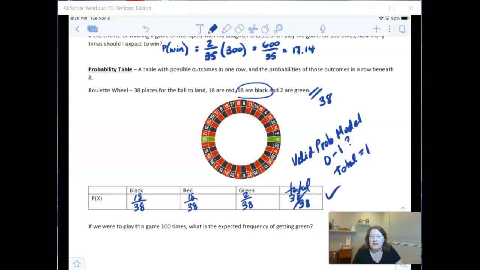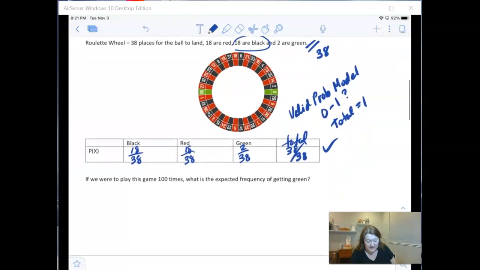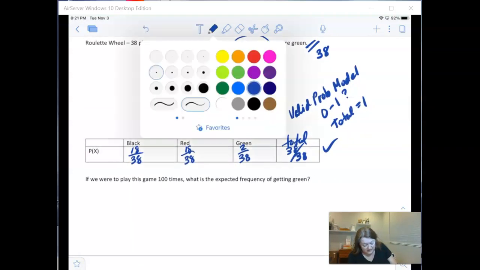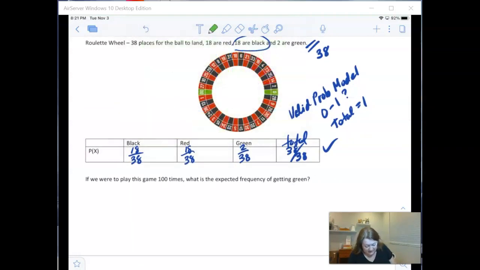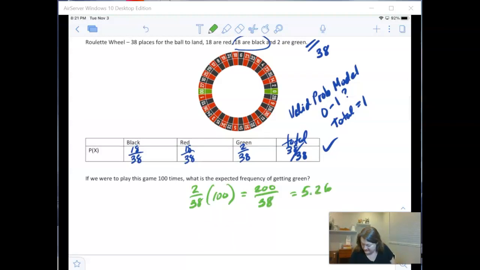If we were to play this game 100 times, what is the expected frequency of getting the green? Okay, so again, expected frequency is how many greens do I think I will get? So if my chance of getting a green is only 2 out of 38, and I repeat this 100 times, that's going to be 200 out of 38, and 200 out of 38 is about 5.26.